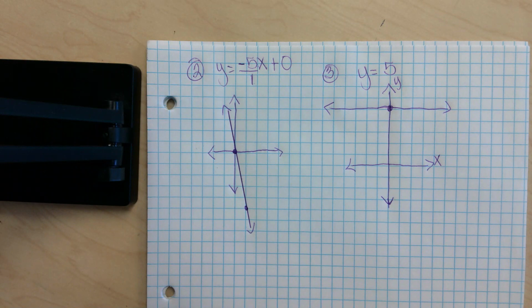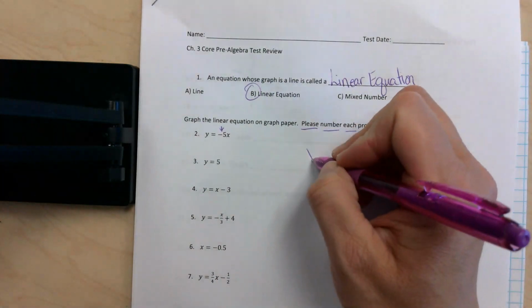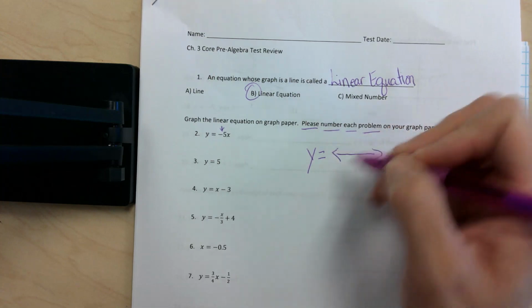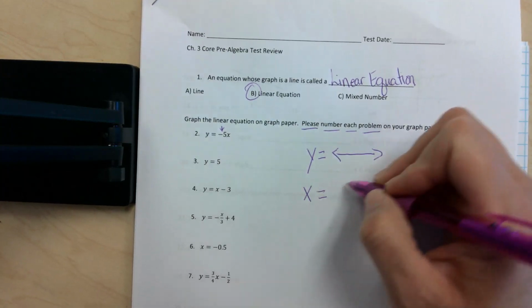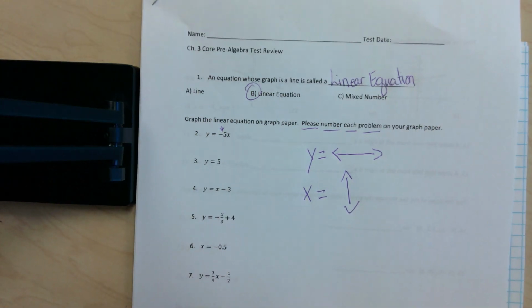So I would write on my paper a y equals is a horizontal line, but an x equals is a vertical line. Just to remind yourself, okay?